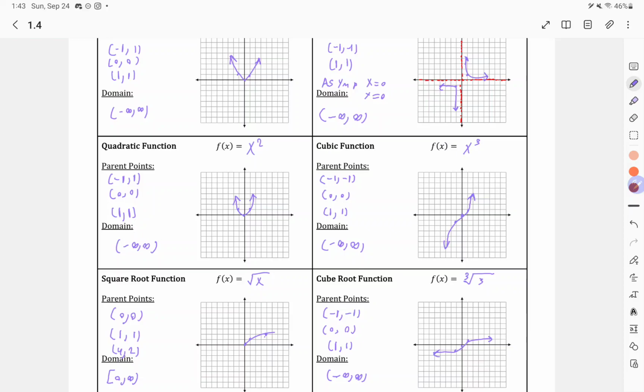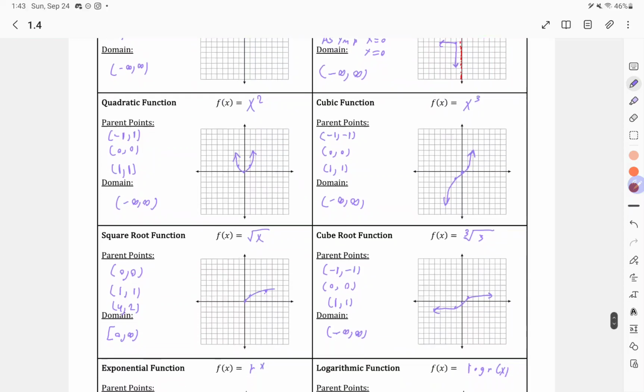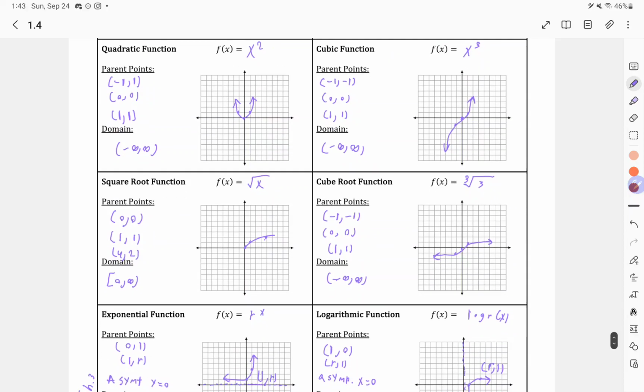Cubic functions have a parent function of x to the power of 3, and their parent points are (-1, -1), (0, 0), and (1, 1). Their domain is -infinity to +infinity. They have this little kink shape that goes whoop up.